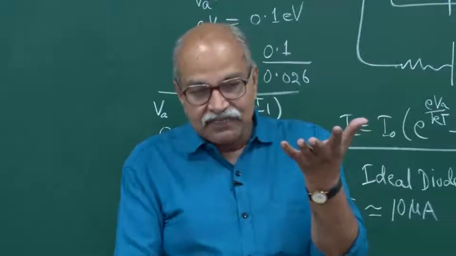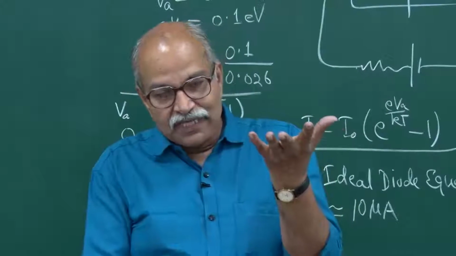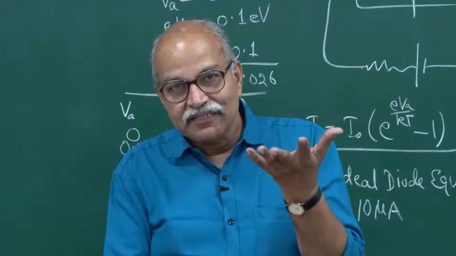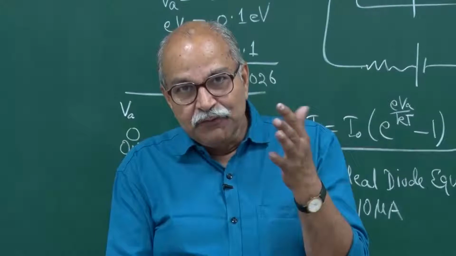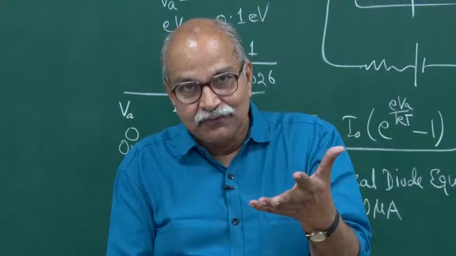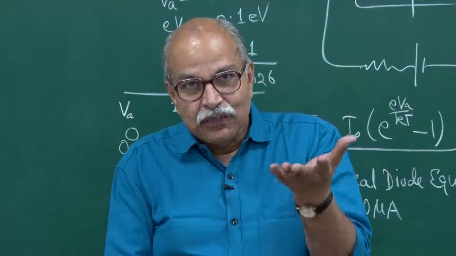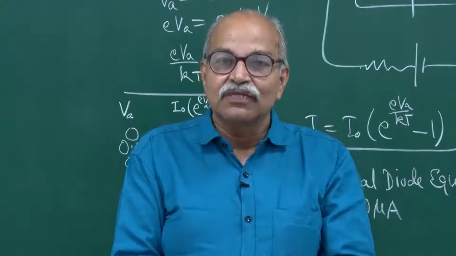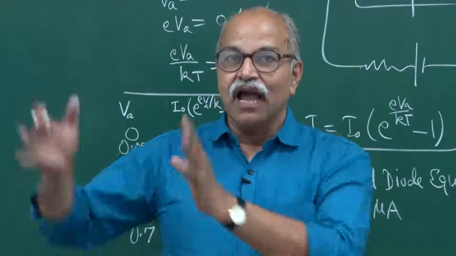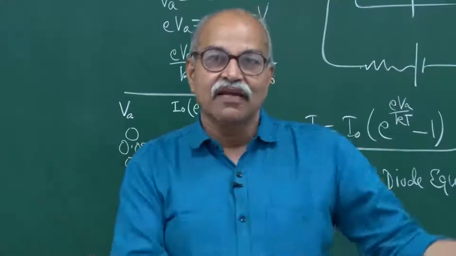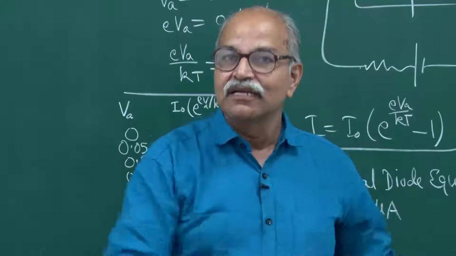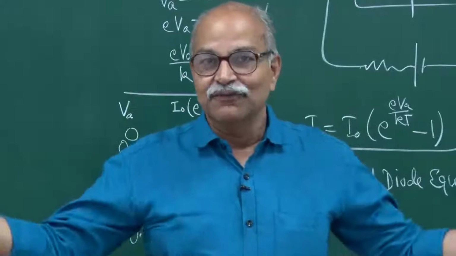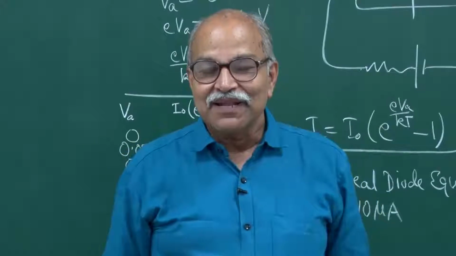If 0.7 electron volt is that barrier, energy barrier, and if you apply 0.7 volts, what you are doing? You are reducing that barrier to 0, there is no barrier. Then the entire majority carriers this side, entire majority carriers this side can just flow without any barrier.